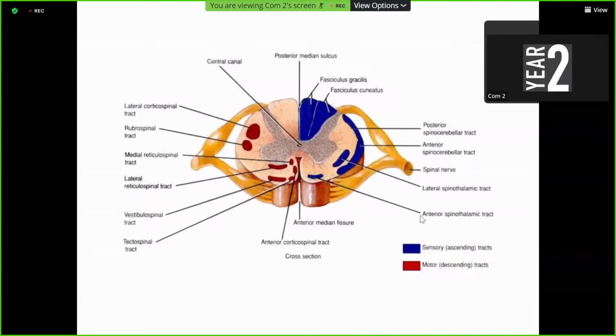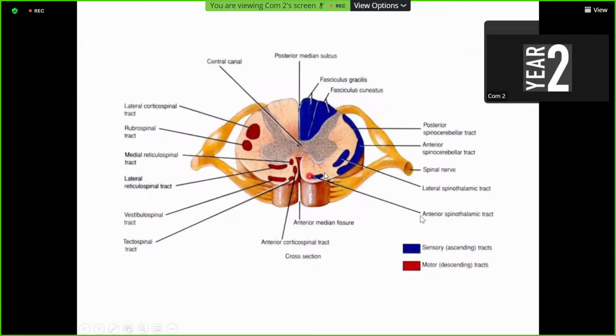So they are anterior and posterior spinocerebellar, or ventral and dorsal spinocerebellar. If you find these names, ventral and dorsal spinocerebellar, these are the same tracts. Their function is unconscious proprioception. That means joint and tendon senses, which go unconsciously to the cerebellum, are the function of the anterior spinocerebellar and posterior spinocerebellar tracts.